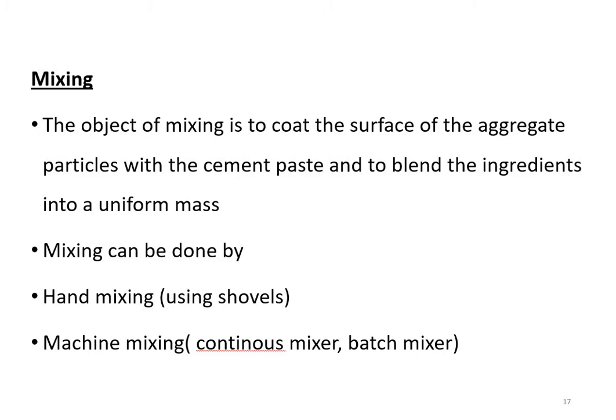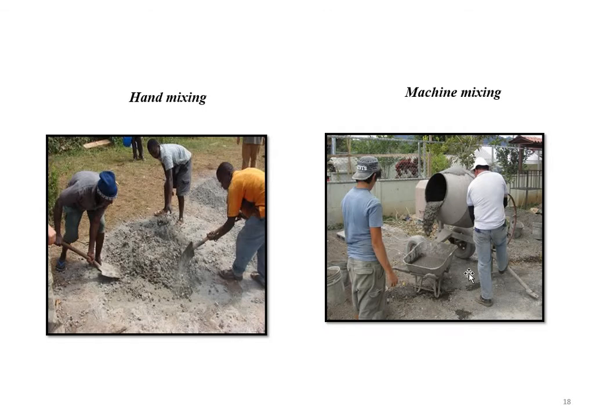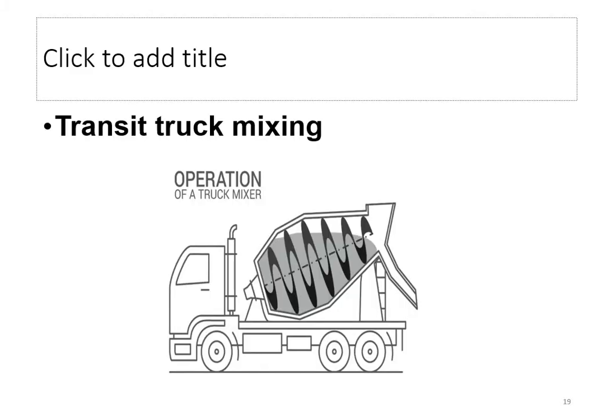And then you have the mixing. Generally, mixing is done at the field, using hand mixing with shovels, or else you have machine mixing like this. Okay, you have a machine mixer. Sometimes the concrete you are using for the construction will be ready mix concrete. That is, there are ready mix concrete plants wherein the concrete is completely prepared and then transported in trucks.